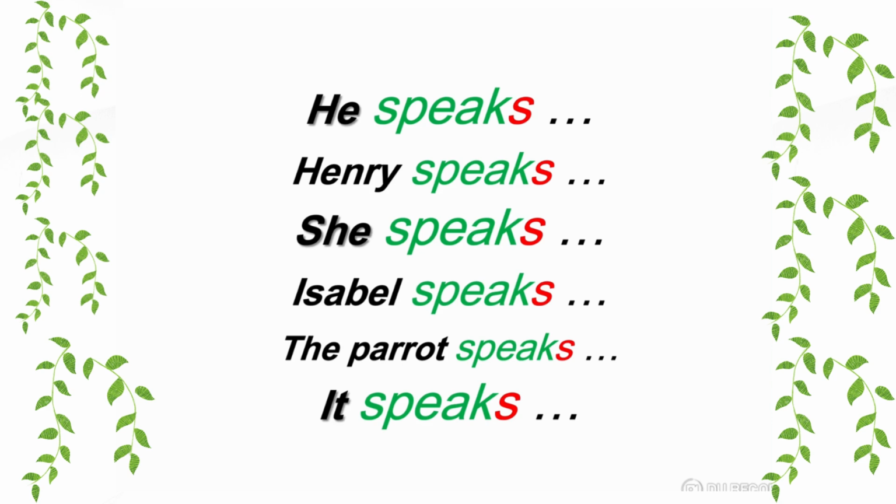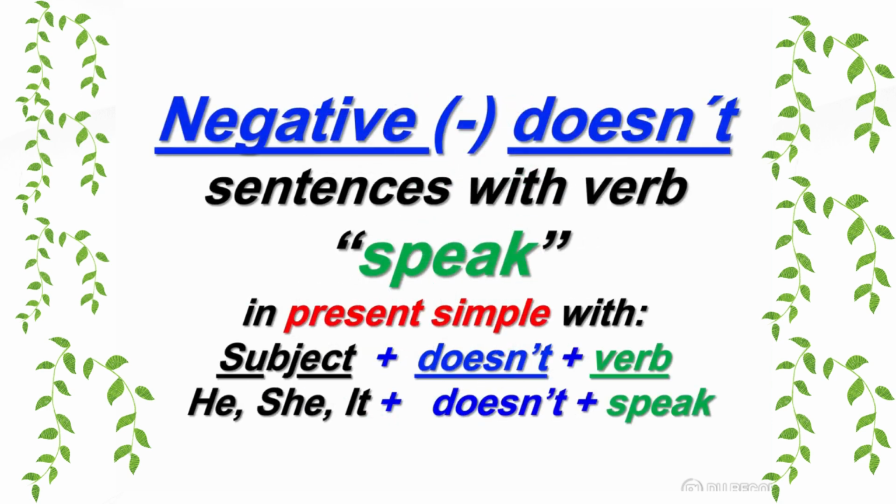Let's see more examples. The negative form in the present simple with he, she, it is with the word doesn't. Some students write don't. No, don't is not correct. So he doesn't speak. She doesn't speak. It doesn't speak. We notice that speak is with he, she, it, but it doesn't take s.